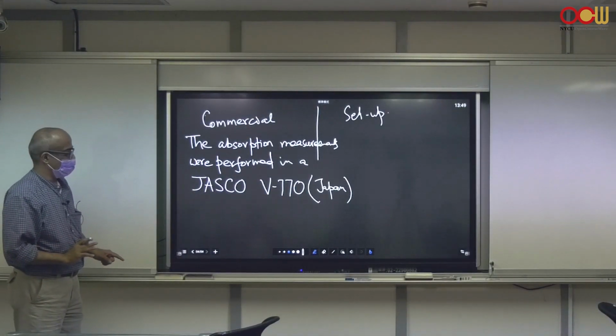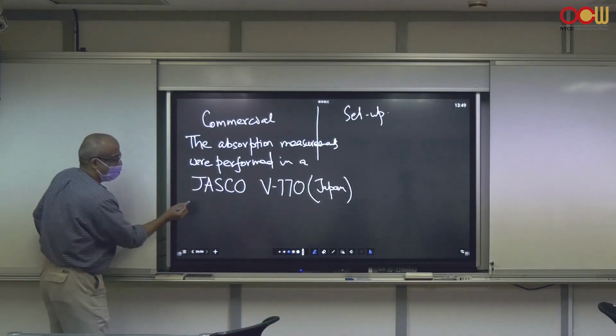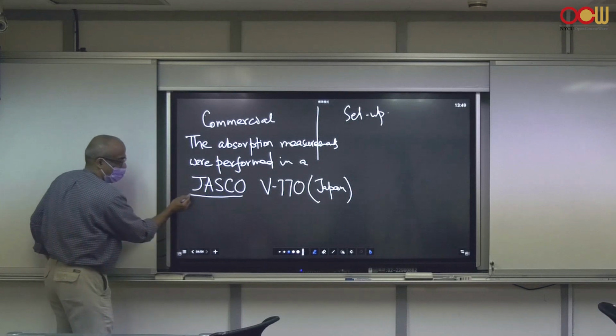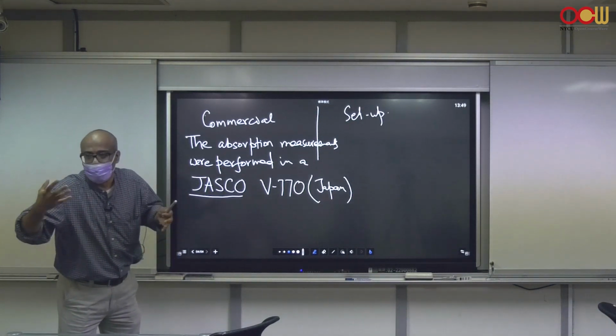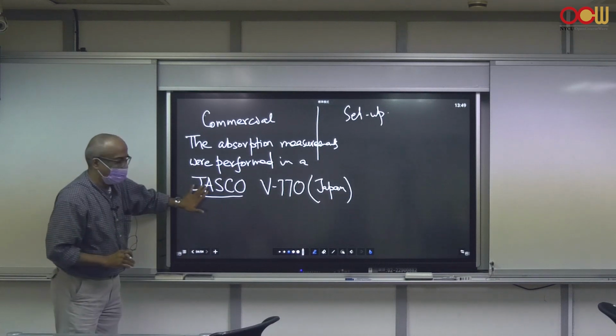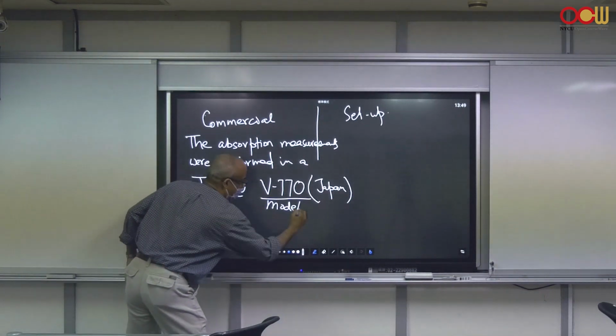Now see what I have done. You need not understand what this is. I just say this is the company name. Just like when we say, oh, I am using iPhone 14, that is the iPhone part, this is the model name, and this is the country.